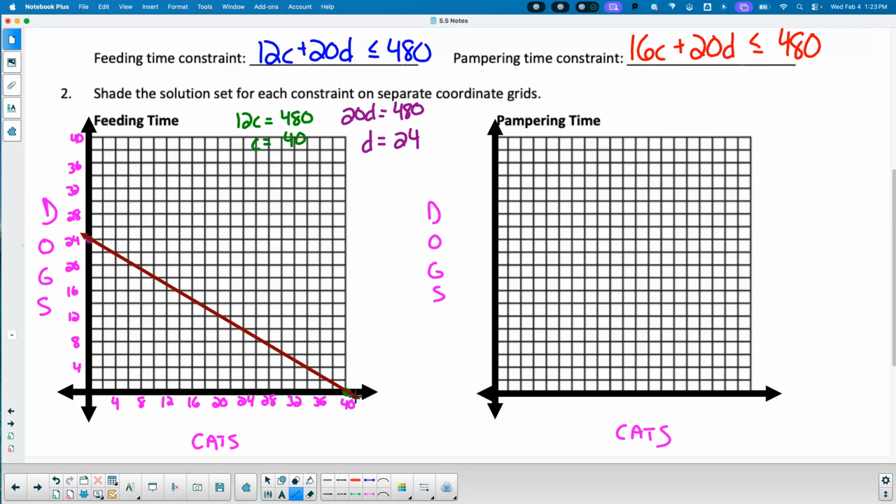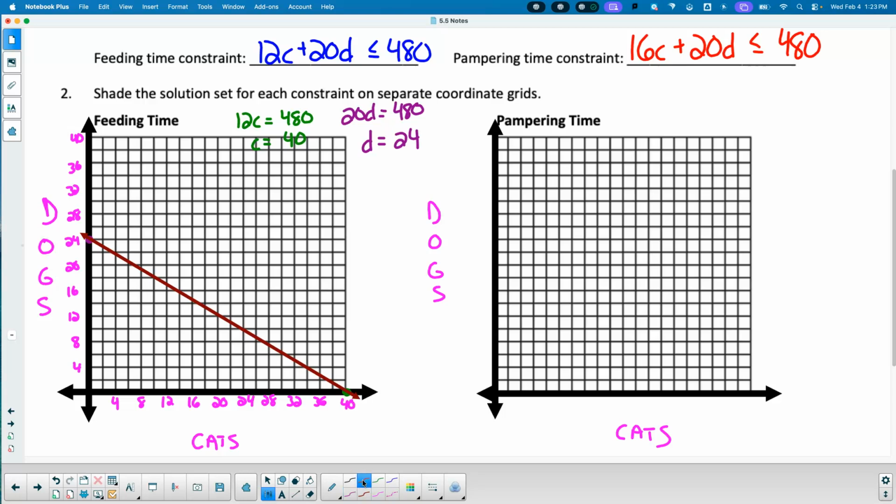Now, thinking about this, which side of the line would I want to shade? The top right or the lower left? Below it? Okay, so we should test a point somewhere down in here to make sure that it works, right?